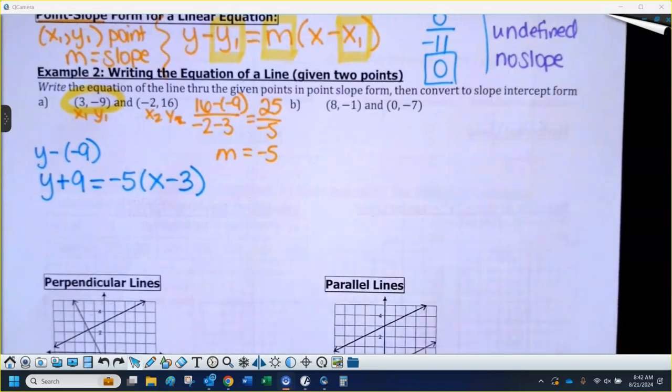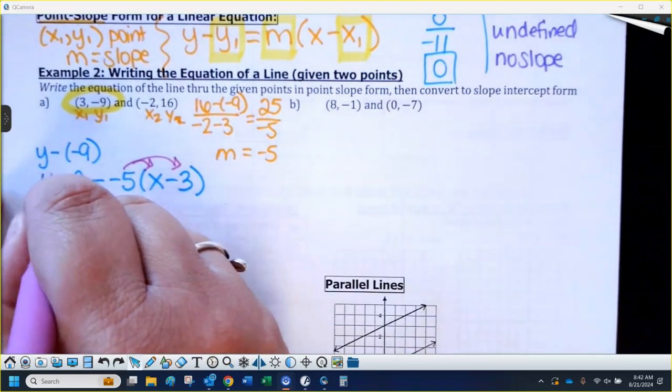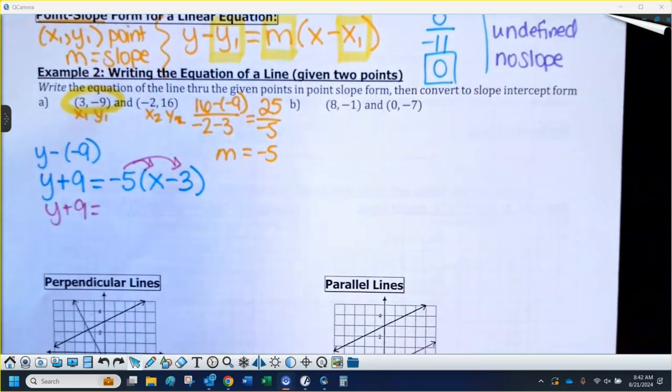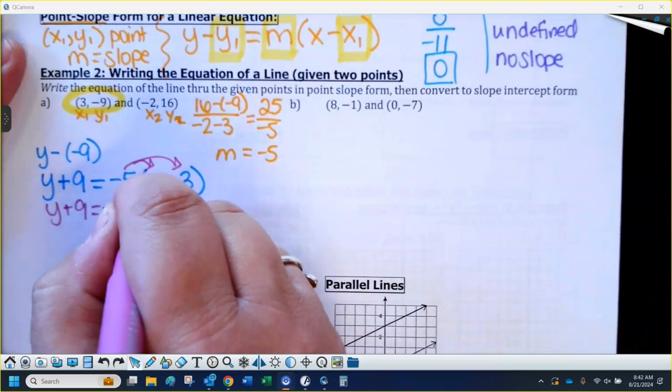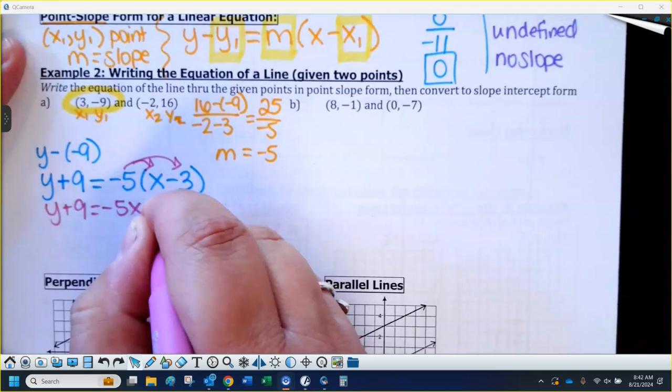Now, if you are using point slope, this would be the point slope version of this equation. It's super quick to get it into slope intercept form. It's 2 steps. You just do a little distributive property with your slope. So I'd have negative 5x, and a negative times a negative is going to make negative 5 times negative 3 plus 15.